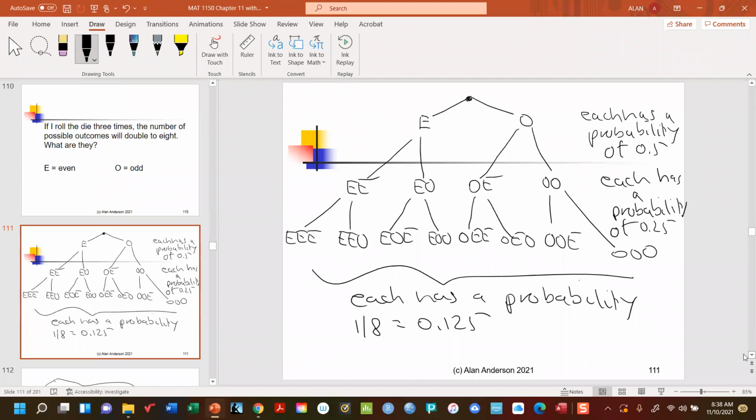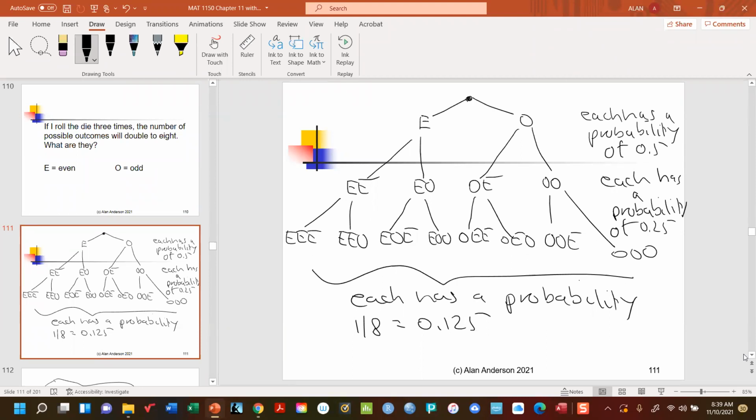If we roll it a second time, as we've just seen, the number of outcomes goes to 4: EE, EO, OE, and OO. You can see why, because starting from an E in the first roll, that can be followed up by either another E or an O. With an O to start with, we can follow that up with an E or another O. And if we decide to roll a third time, the number of possibilities goes up to 8.